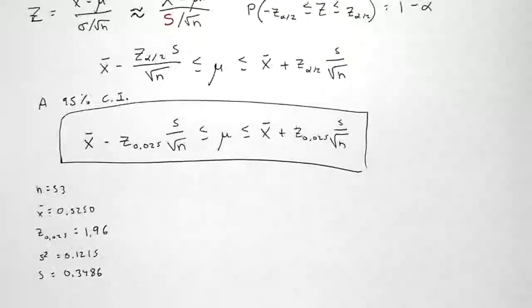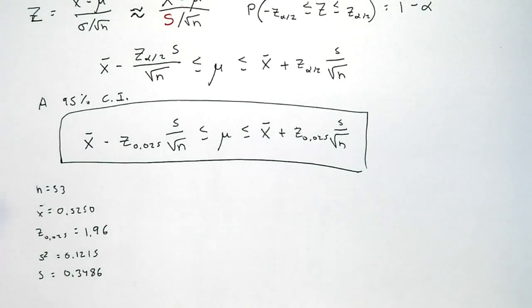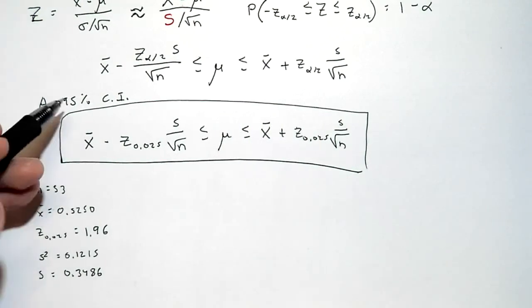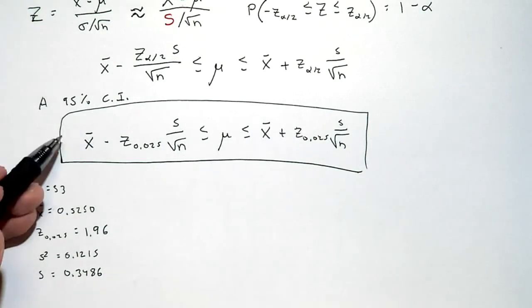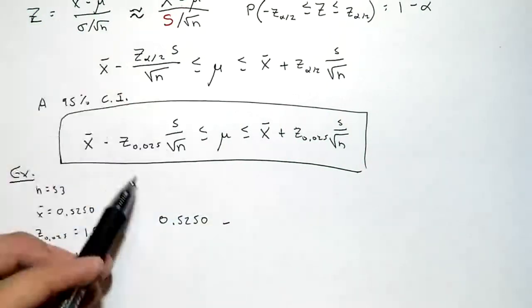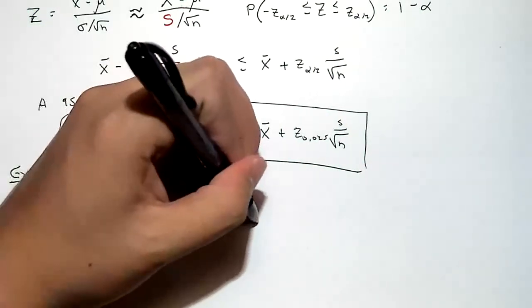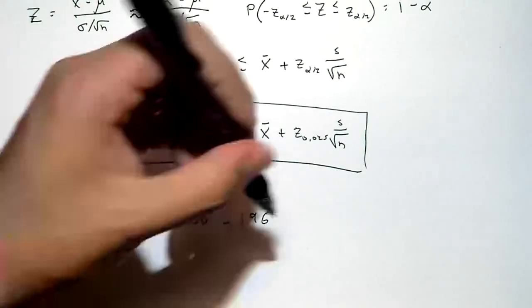Right? So I've written down my values: 53 for my number of observations, 0.5250 for the sample mean, 1.96 for the z-score, 0.1215 for the sample variance, and 0.3486 for the sample standard deviation. Writing those values in my 95% confidence interval equation, my mean is in between the following values: sample mean minus z-score times sample standard deviation over square root of number of observations.